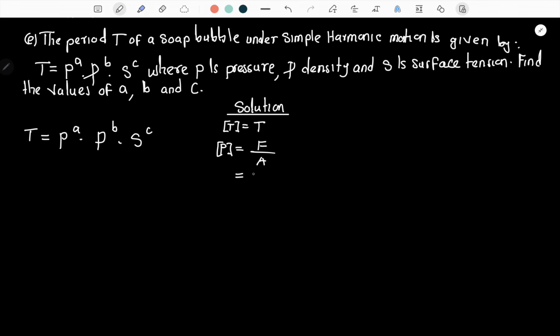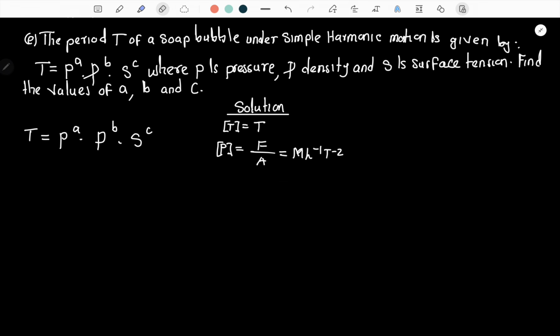The dimensions of force in MLT is simply M L T to the power negative 2. Then because area is L to the power 2, this and that will cancel. So what we are dealing with is simply M L to the power negative 1, T to the power negative 2. So for pressure, its dimension is simply M L to the power negative 1, T to the power negative 2. Basically, we can cancel every other thing because we now have our useful dimensions.